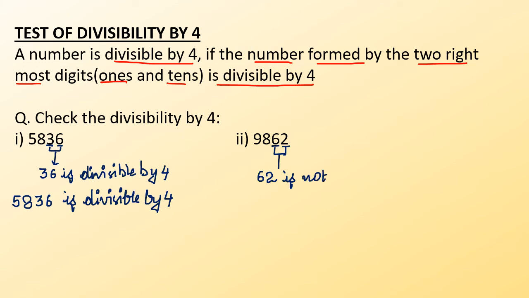Therefore, if the number formed by the two rightmost digits is not divisible by 4, this means that the whole number 9862 is not divisible by 4.